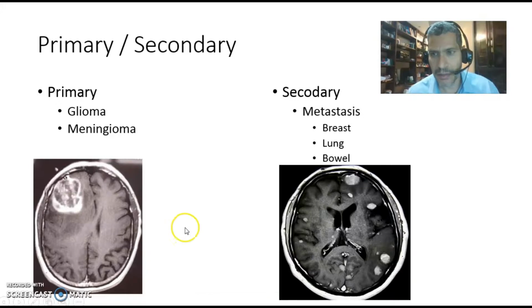When tumors are classified according to being primary or secondary, we find that the majority of our tumors are secondary. And secondary tumors are metastases from anywhere in the body, most commonly being the breast, lungs, and bowel. Secondary metastases could look like a single lesion, however, the majority of them are multiple in location.